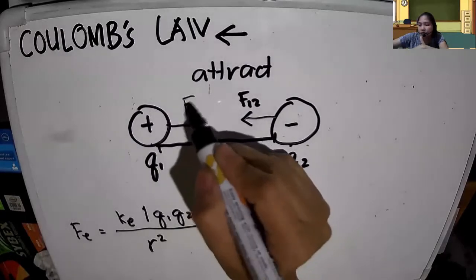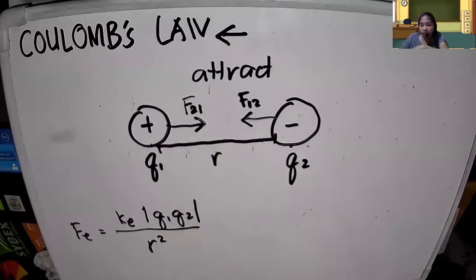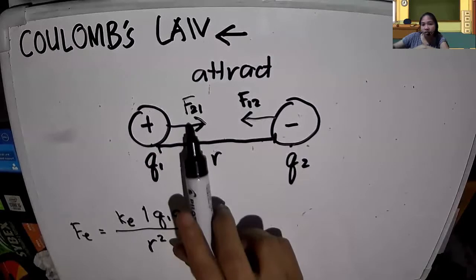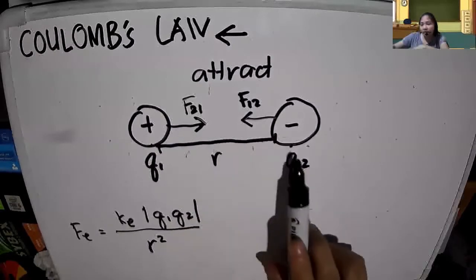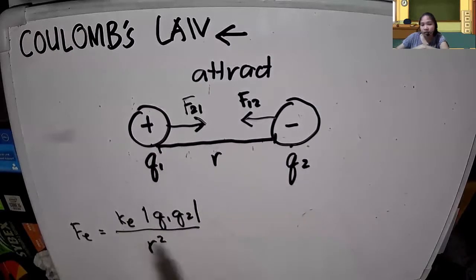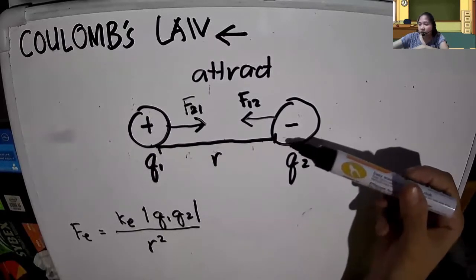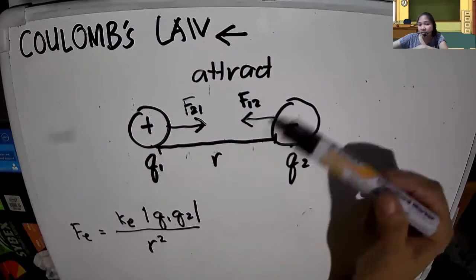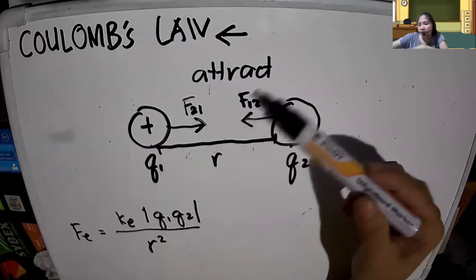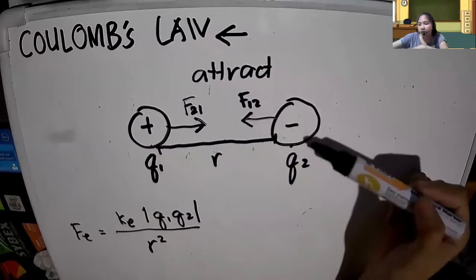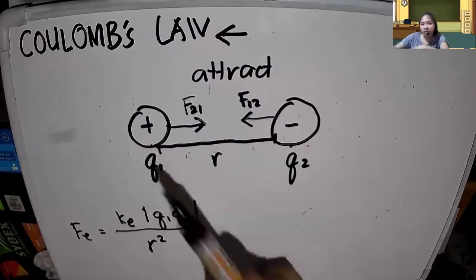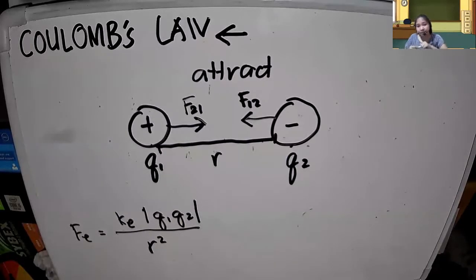And this is also the force that is exerted by object 2 to object 1. Hence, they attract. Also, this is the force that is experienced by object 2, which is exerted by object 1.